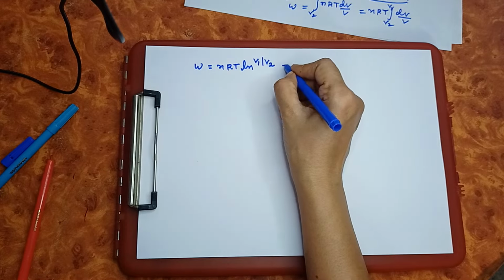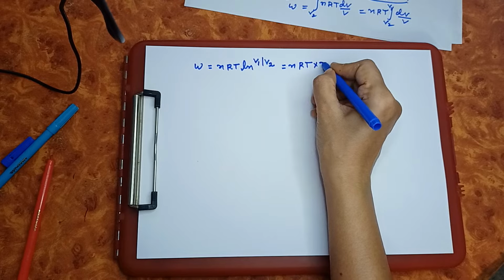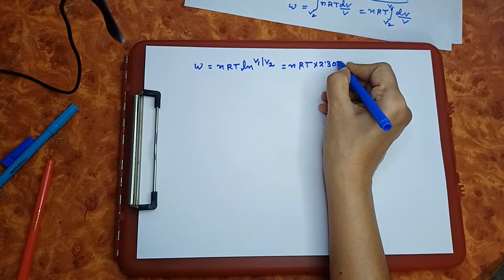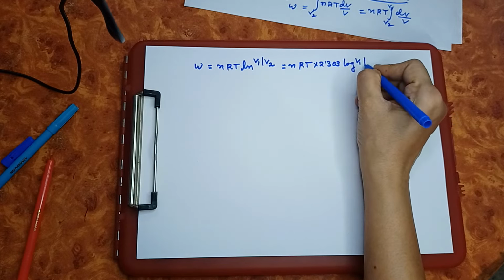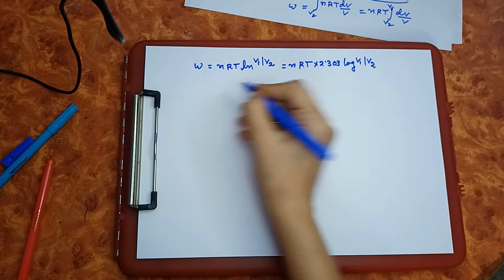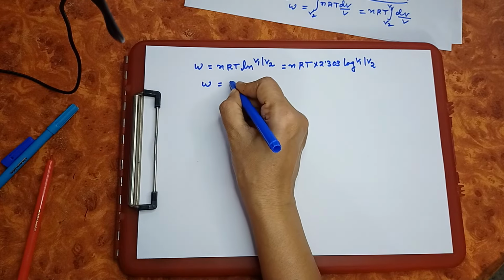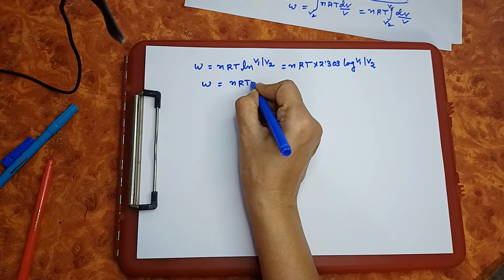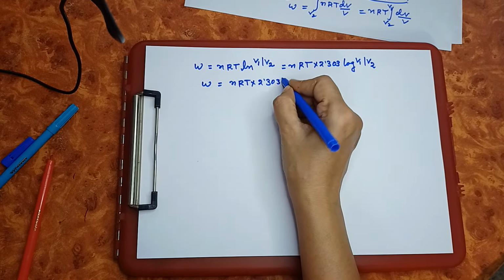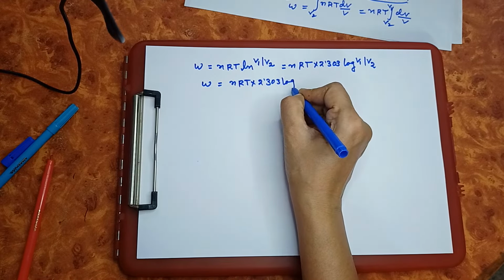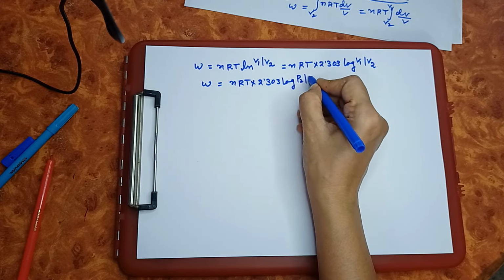So we can write it as nRT into 2.303 log of V1 by V2, or W is equal to nRT into 2.303 log of P2 by P1.